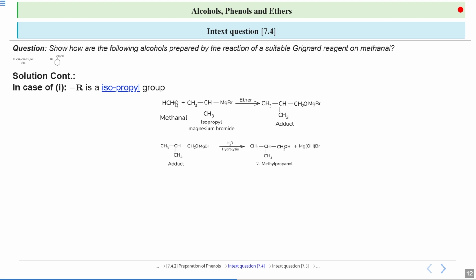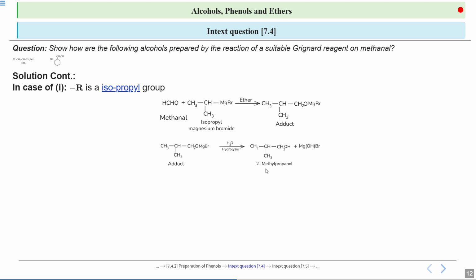O has a minus charge and Mg has a positive charge. So it will form OMgBr, that is, this adduct is formed, and then hydrolysis will happen. Here OH minus will attack MgBr, so it will form MgOHBr, and H plus will attack the O minus. So you will see an alcohol is formed, which is 2-methylpropanol.